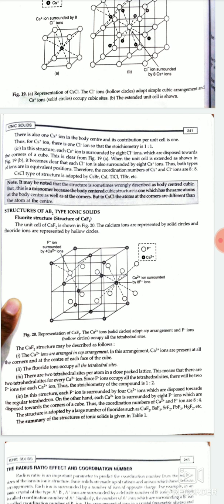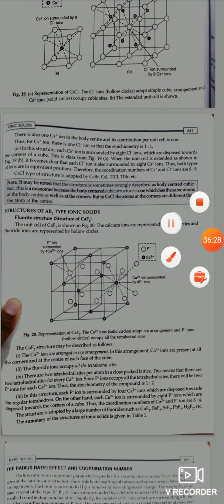On the other hand, each Ca2+ ion is surrounded by 8 F- ions which are disposed towards the corners of a cube. Thus, the coordination numbers of Ca2+ and F- ions are 8:4. The structure is adopted by a large number of fluorides such as CuF2, BaF2, SrF2, PbF2, HgF2, etc.